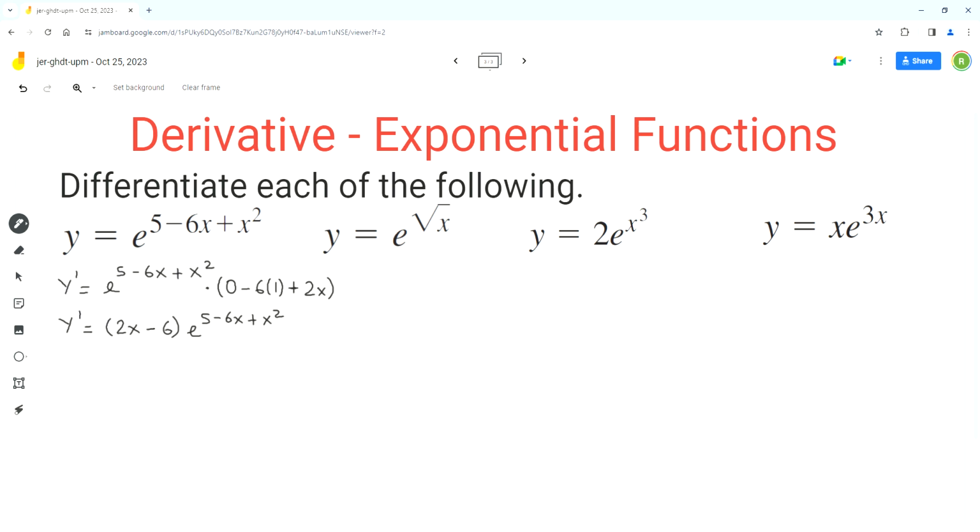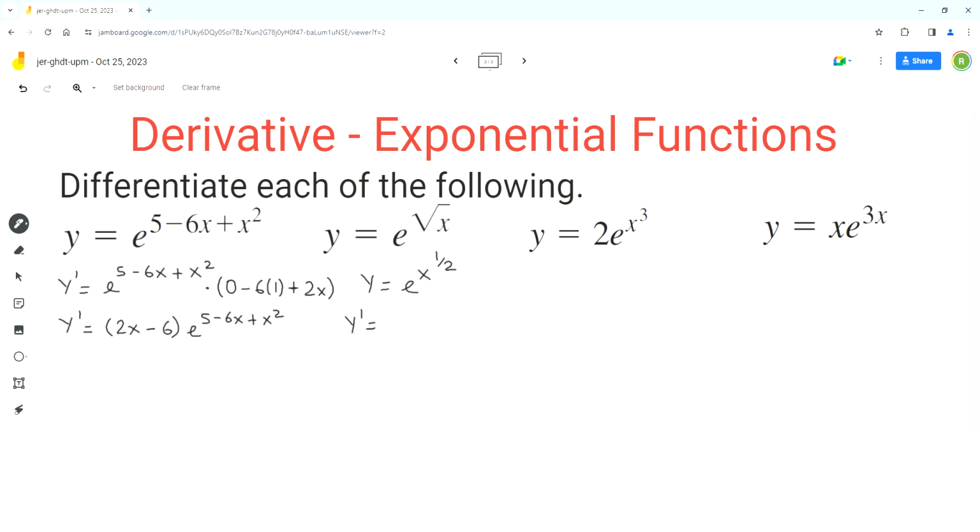Now we can find the derivative of the second function. To make finding the derivative of this function easier, we should change that square root into a rational exponent. So we can rewrite the given function as y equals e to the x exponent 1 over 2. Now we can find the derivative of this function. So y prime.